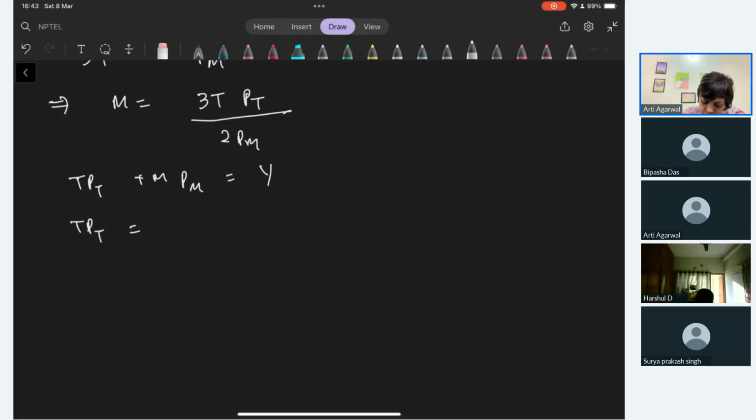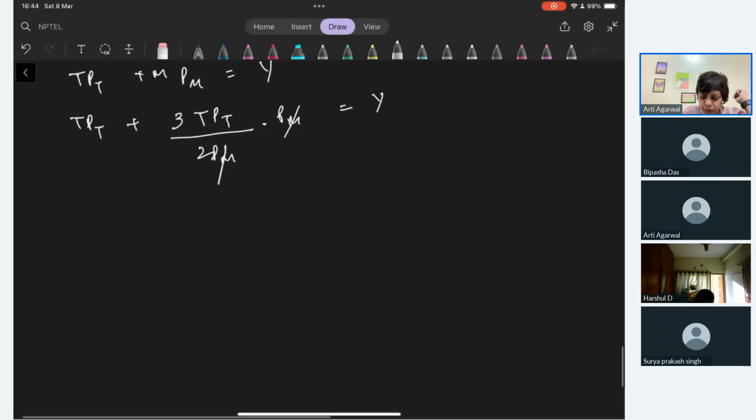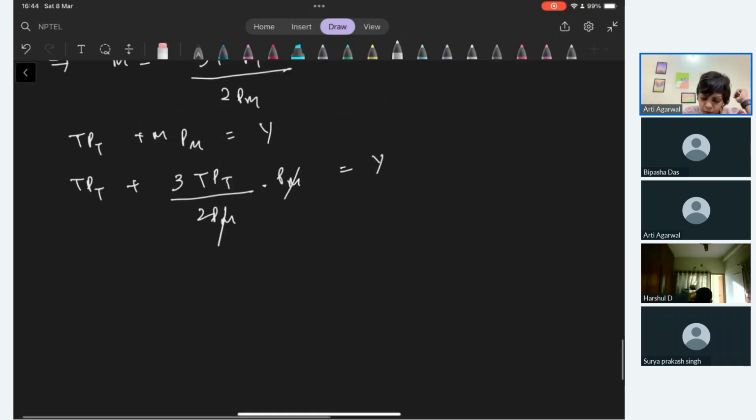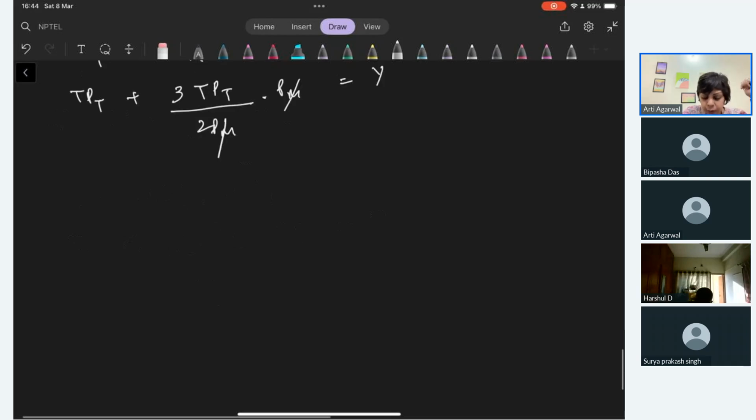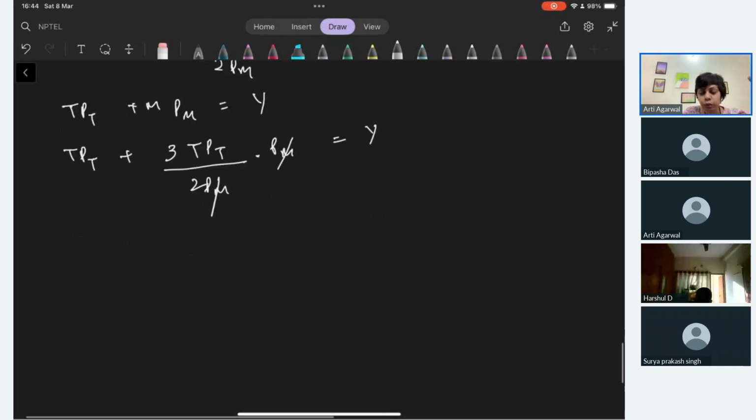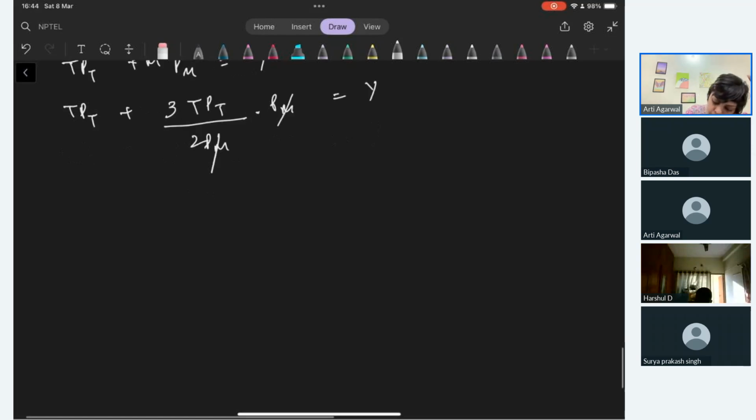So t pt plus 3 t pt by 2 pm into pm is equal to y. So this pm gets cancelled. You get t pt plus 3 t pt by 2 equal to y, which becomes 5 t pt by 2 equal to y.